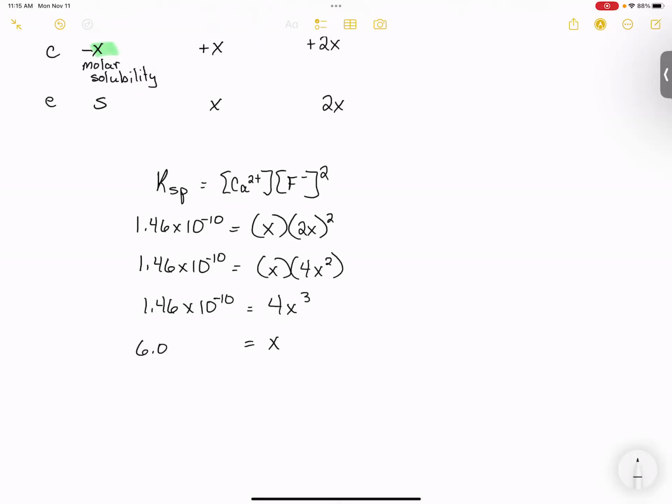6.04 times 10 to the negative 6. Everybody agree? I don't think that's an x cubed. It doesn't feel right for x cubed. Oh, yeah, no, I didn't do that.